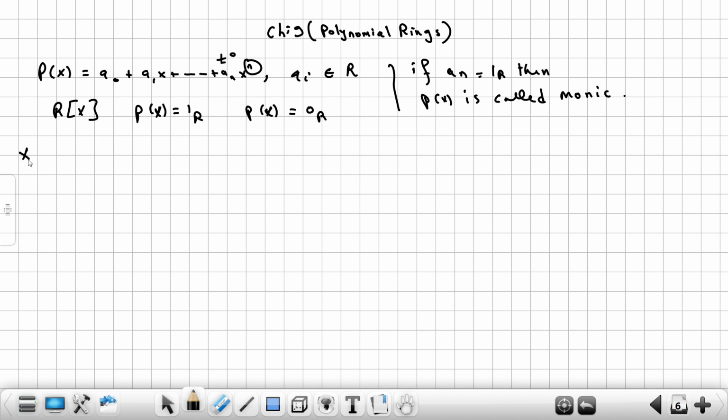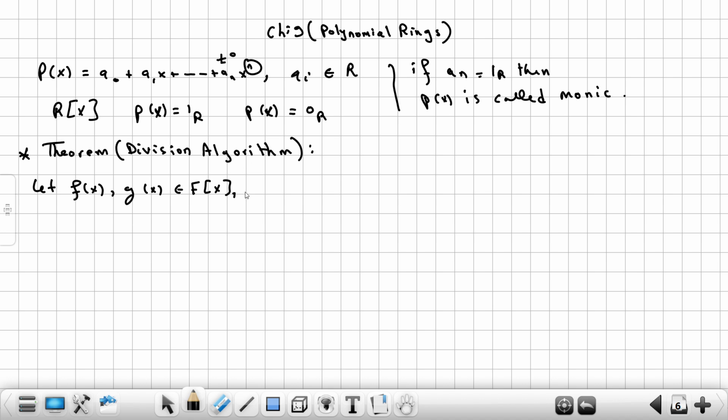I will start with the division algorithm, so theorem. Let f of x and g of x belong to F of x, where F is a field, of course. From now on, F denotes a field, and g of x is a non-constant polynomial.